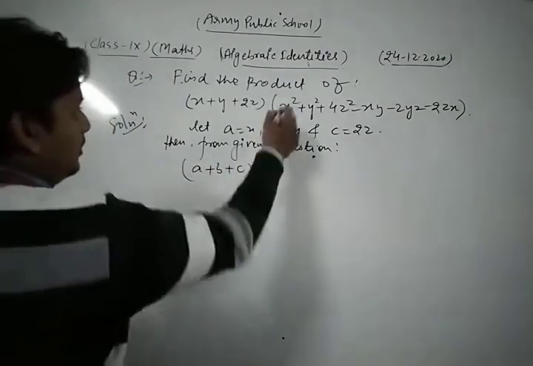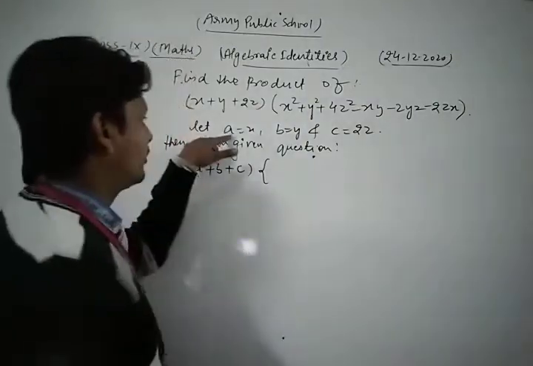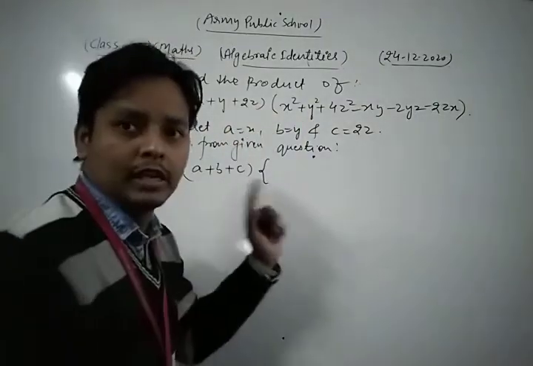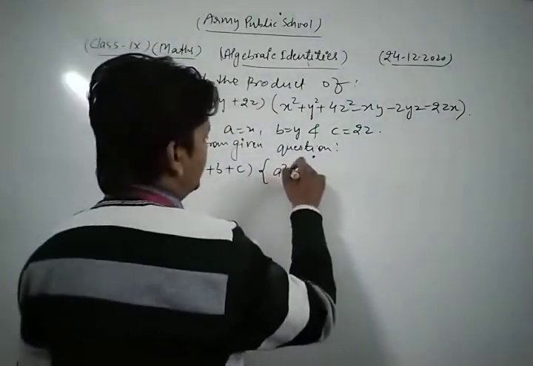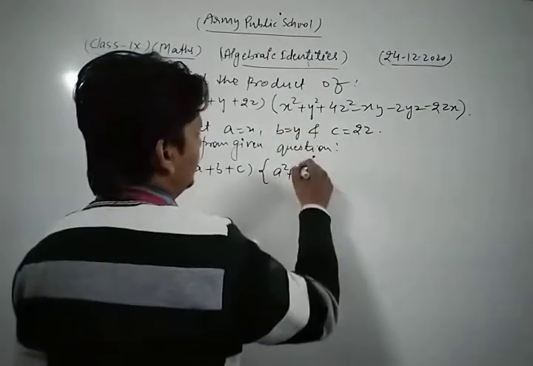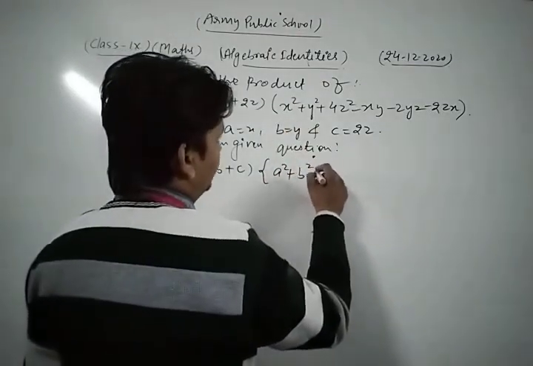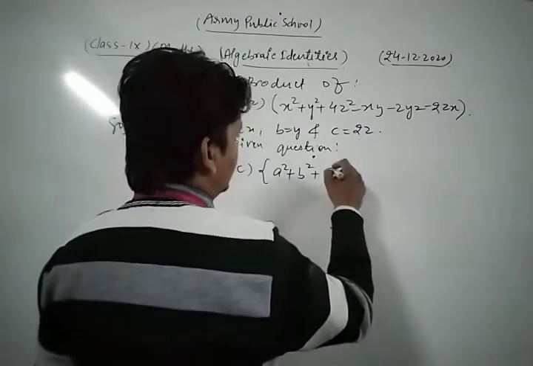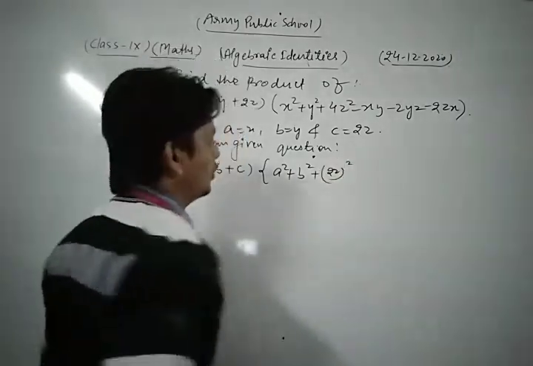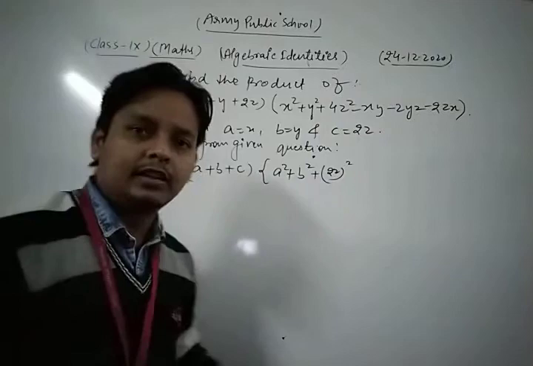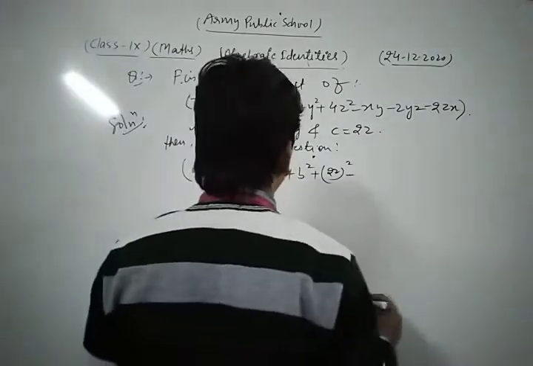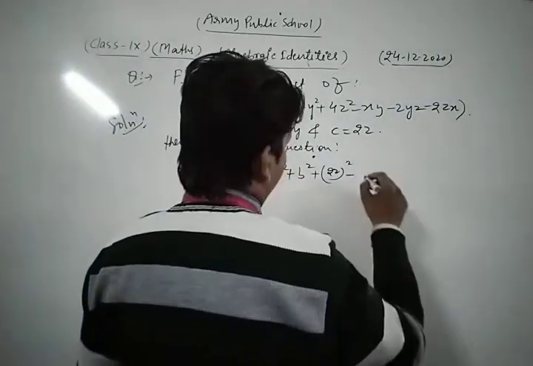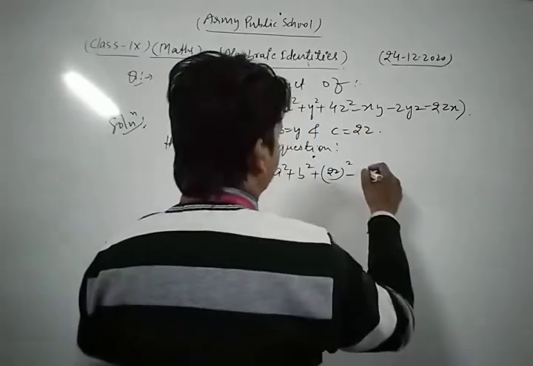Now in this bracket, since x is equal to a, we get a square plus b square plus 4z square, which we write as 2z whole square. Now minus xy, so x into y means a into b, minus ab.